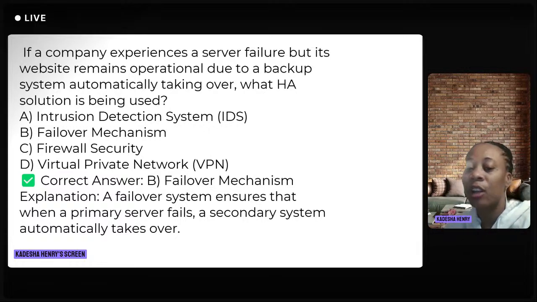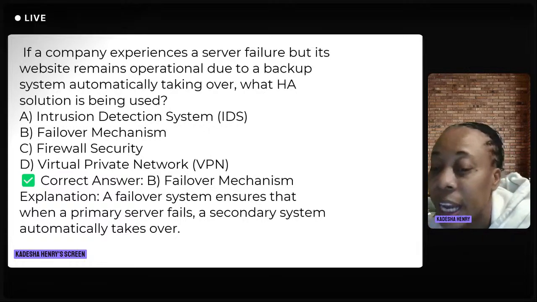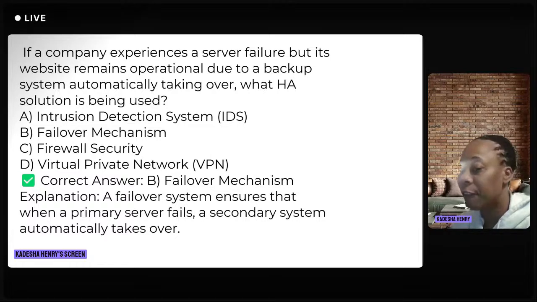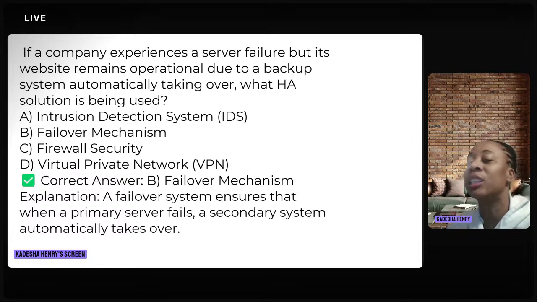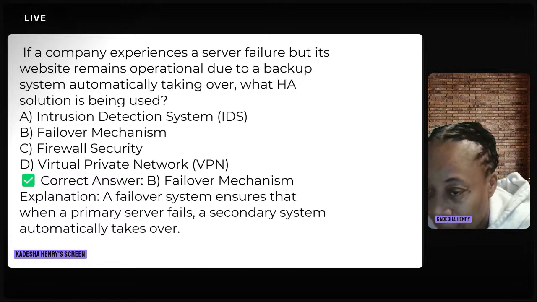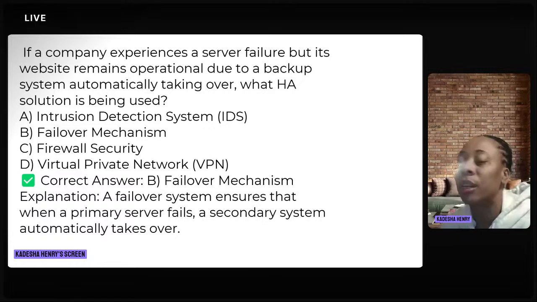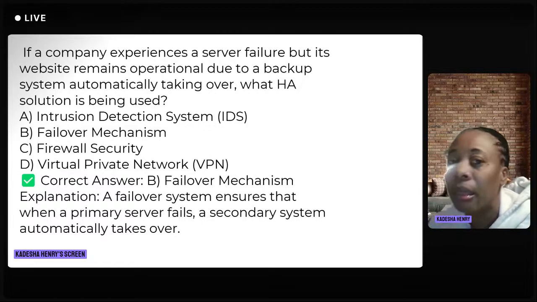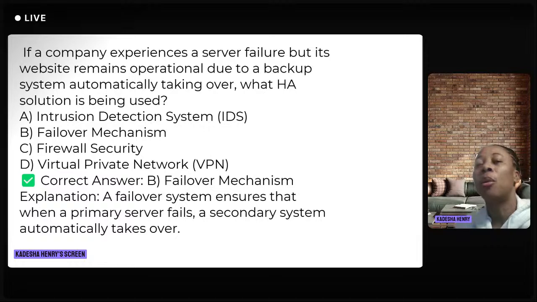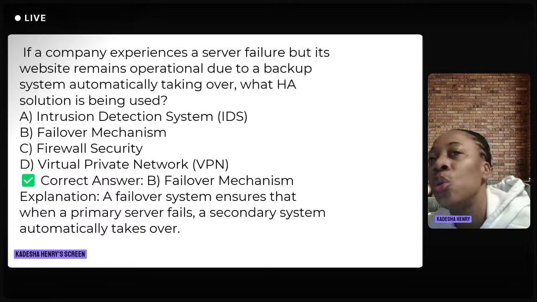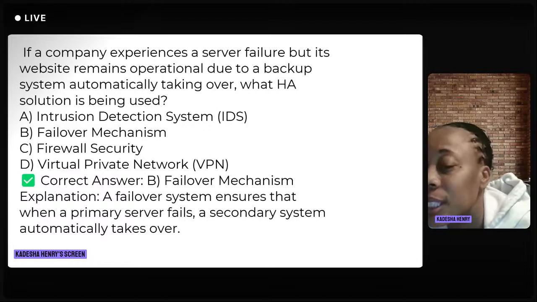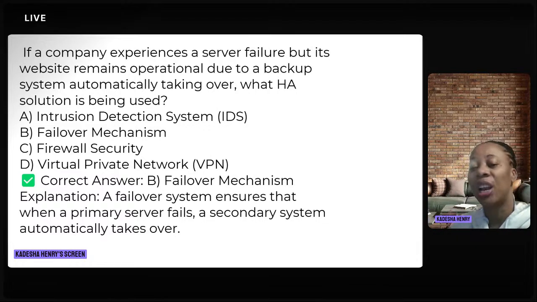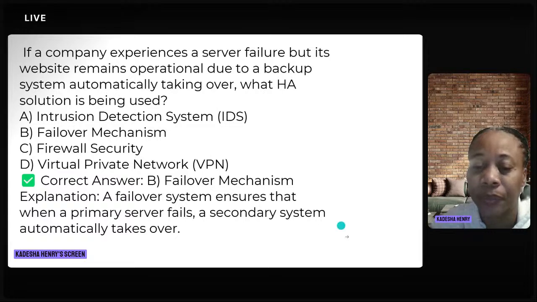That's what we want within the business environment, that when a primary system fails, when the primary power source fails, the UPS, the uninterruptible power supply, takes over, the generator takes over, right?